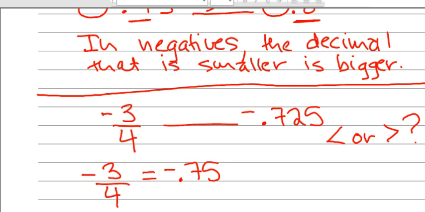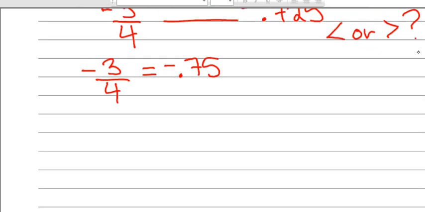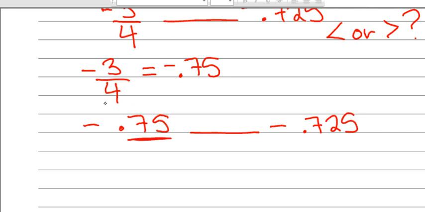So let me rewrite this. So is negative 0.75 less than or greater than negative 0.725? So remember, smaller is bigger in negatives. So who is the smaller? I'm looking at the 0.75 and the 0.72.